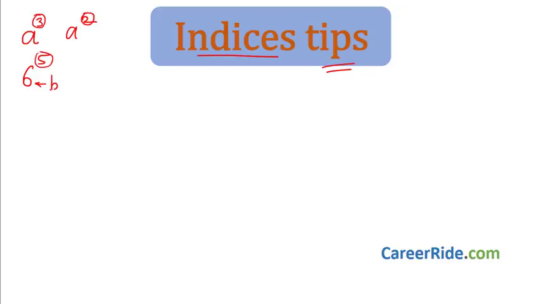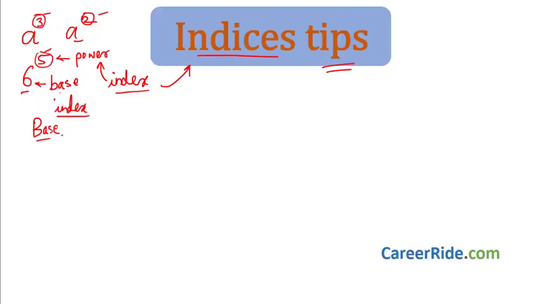This is known as the base, and this is nothing but the power, or this is called the index, and the plural of index is indices, right? So it is base raised to the power of index.